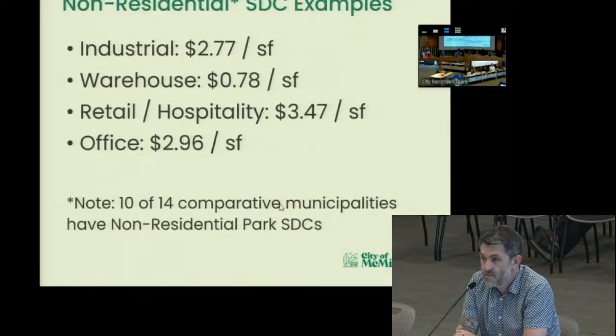Anything else right now? Councilor Tukolsky? Yeah, Director Hunsaker, I also had a question on retail and hospitality. Going from the proposals, we're going from 0 to the proposed 347 a square foot. Does this apply only to new construction, or if a retail and hospitality business takes over an existing facility and has to remodel in order to meet their needs, are they charged this SDC per square foot?